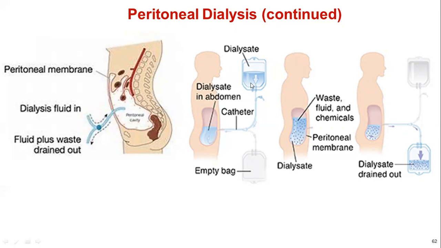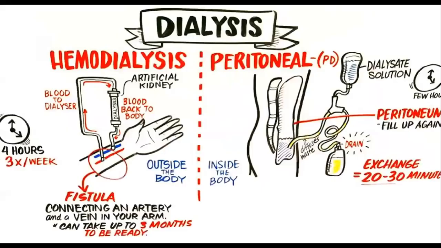In the second picture showing the dialysate, this one is the empty bag, which collects the waste product. Exchange occurs in the peritoneal cavity. This picture shows the waste fluid or chemicals and dialysate fluid, and the peritoneal membrane, and then because of the osmosis process, the waste product comes out, or drains out.